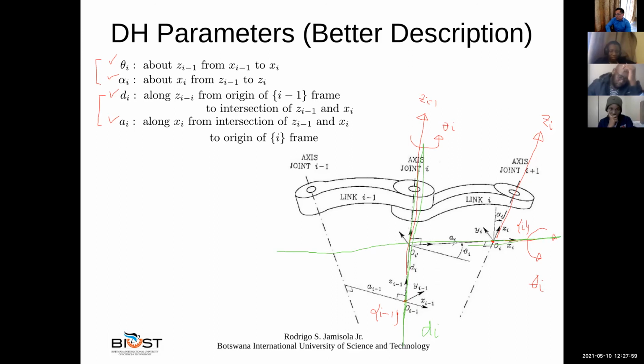This is your xi, where your ai is defined. Maybe you see the pattern now. So to define the four Denavit-Hartenberg parameters, theta i, alpha i, di, and ai, we're going to use two axes only, the zi minus 1 axis and the xi axis.